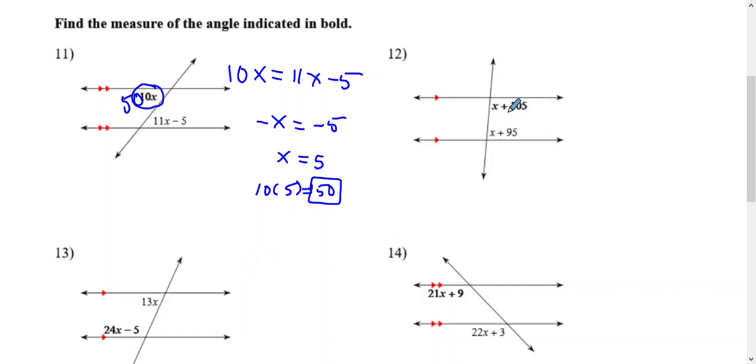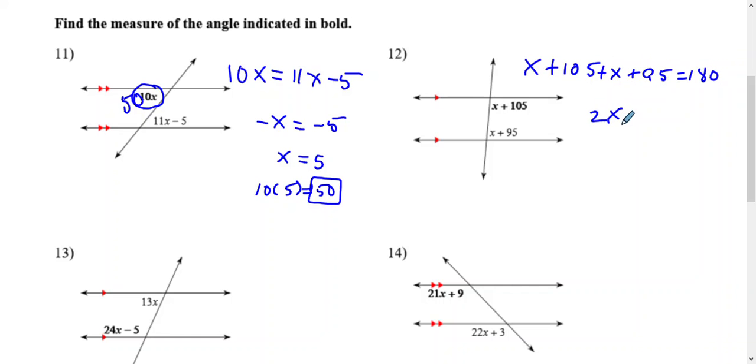In B, we have same side interior angles. And we know that they add up to 180. So we could write our equation here to have the first angle, x plus 105, plus the second angle, x plus 95, equal to 180.